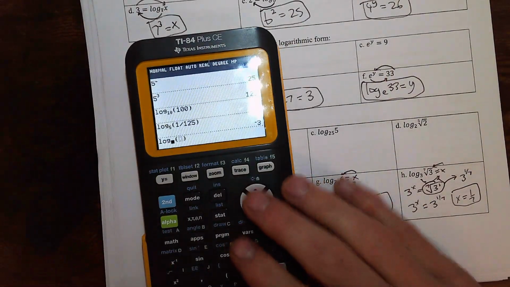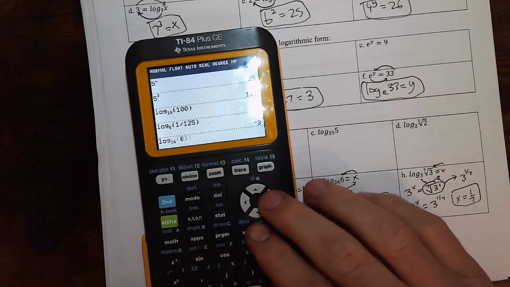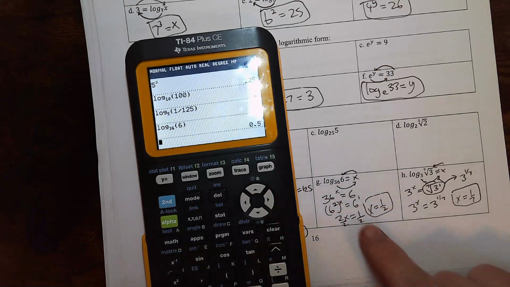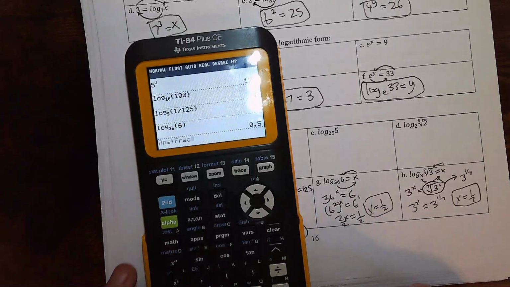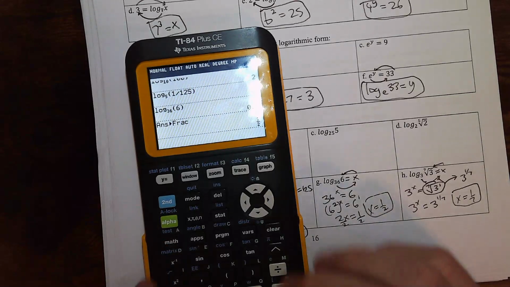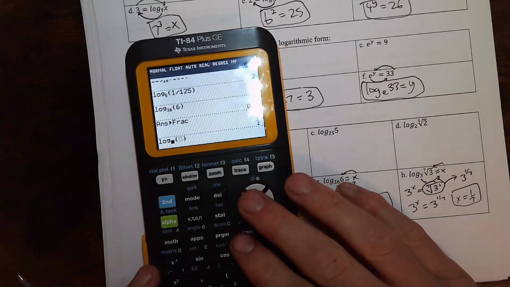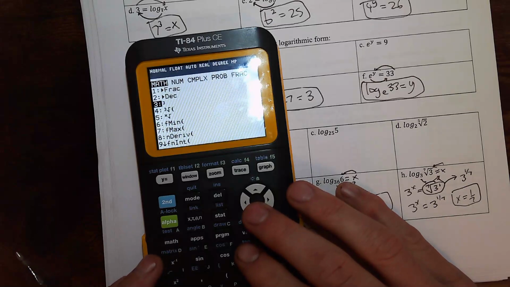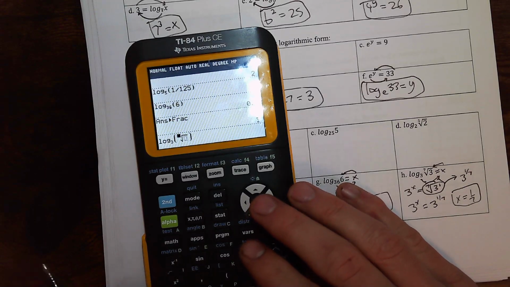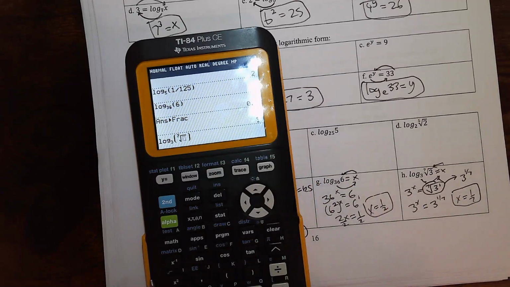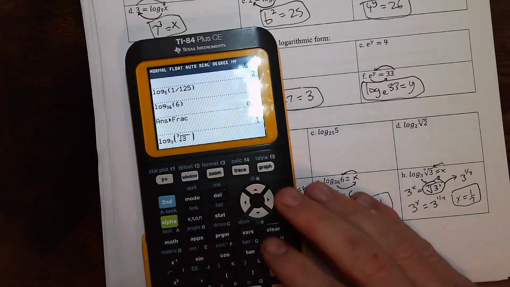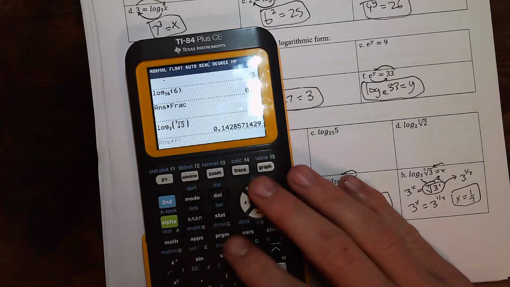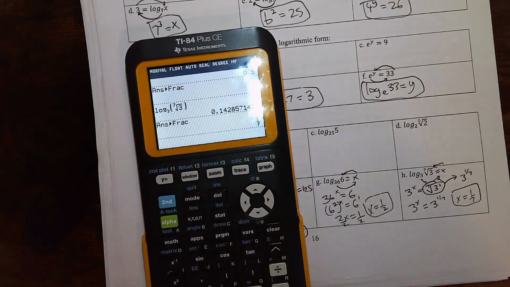Math, log base 36 of 6 is equal to 0.5, which is 1/2. Then here you go, math, log base. This one, how you express this one is you've got to go to math option 5 to put a root in there that's above 3. So I'll give you 1/7. Okay. That was a way to check.